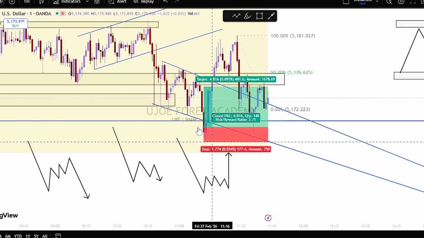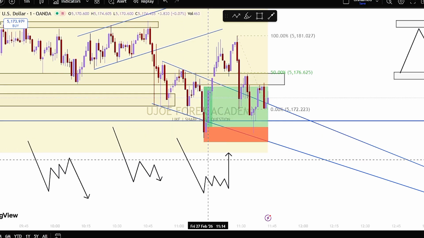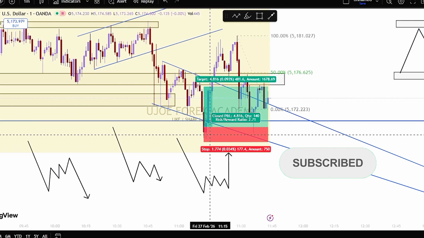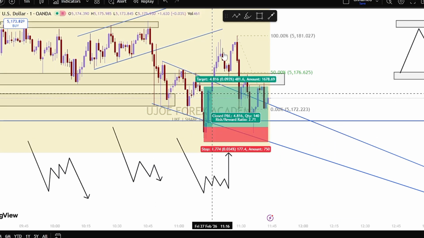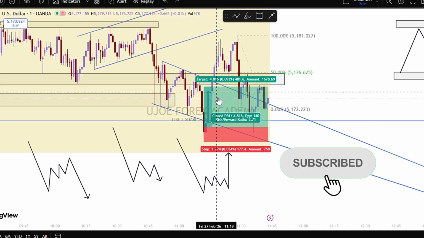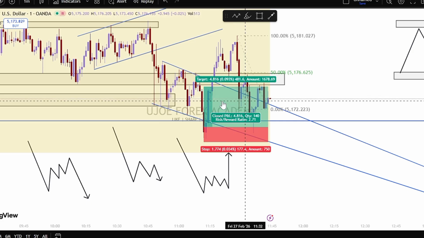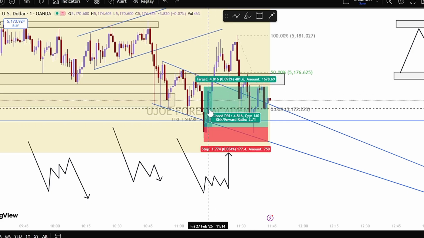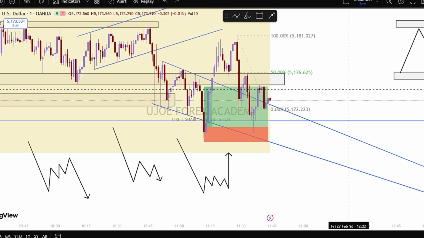You could check on this channel and you would see that 30 body suit, and then from there it pulled through. So it's more like we're having our manipulation region here, and then from the manipulation we have our distribution chain here. And I just did a simple 1:2 risk to reward, and that was how I made this trade possibility here.